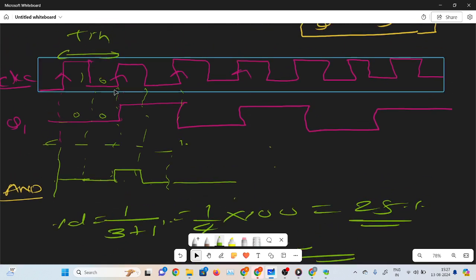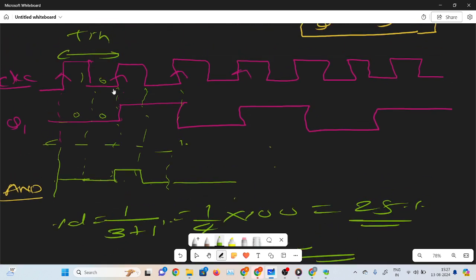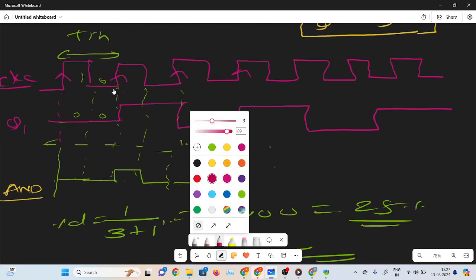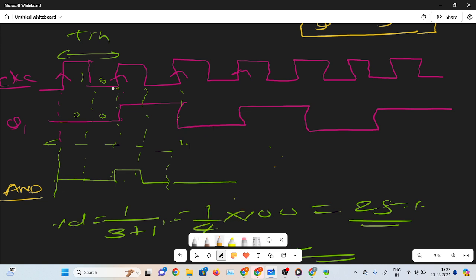Now here I will use the one OR gate. OR gate means if any one input is one, then the logic will be one. I'm making the waveform.